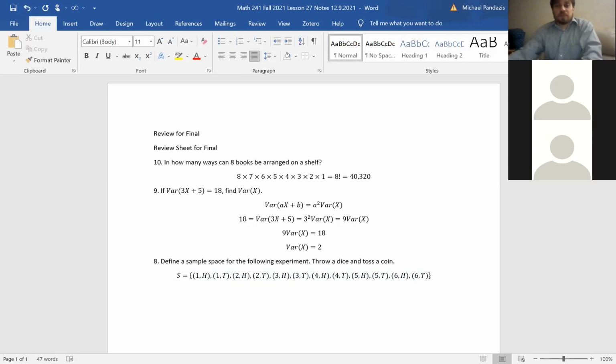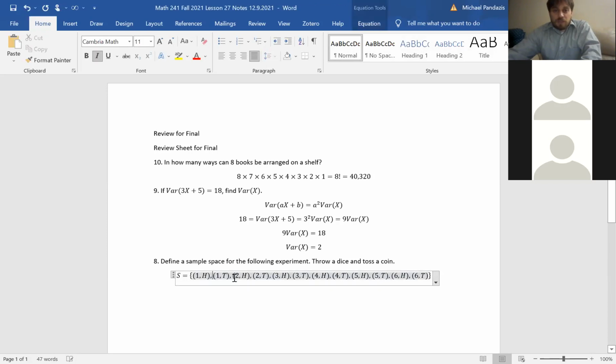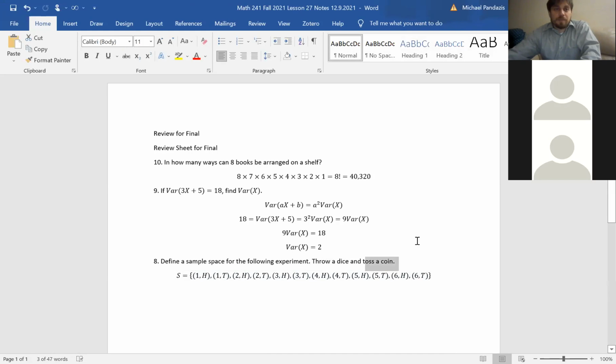And I hope I got the order right. So you throw a dice and toss a coin, and those are the 12 ways. So that is a sample space for that experiment, where the first component is the result of throwing a die, and the second component is the result when you toss the coin.